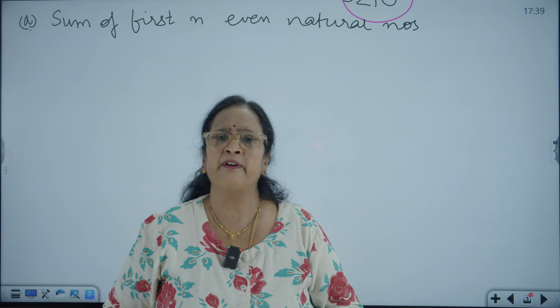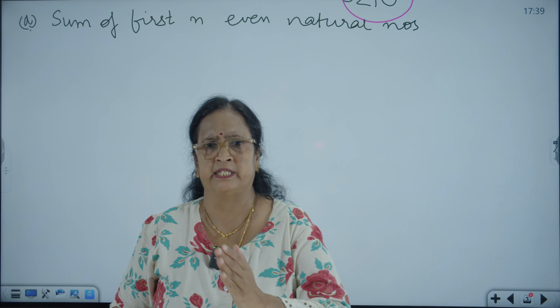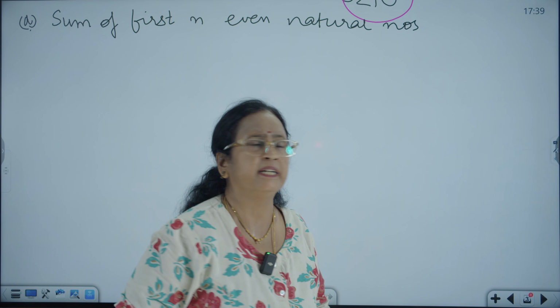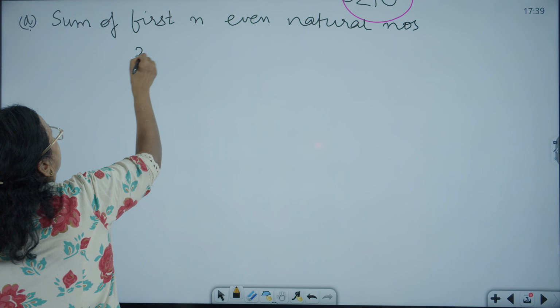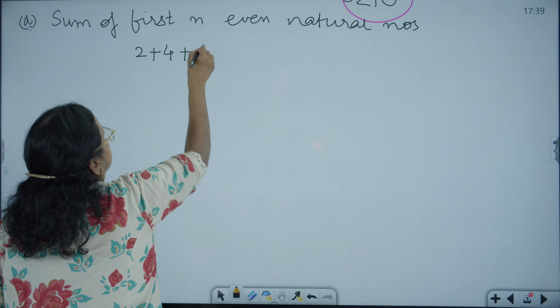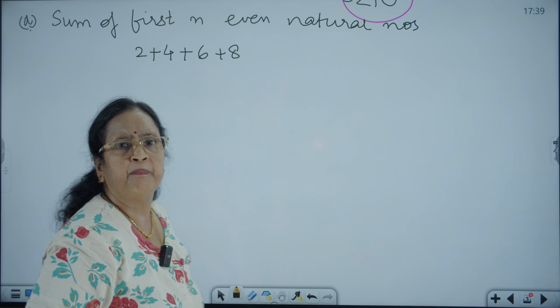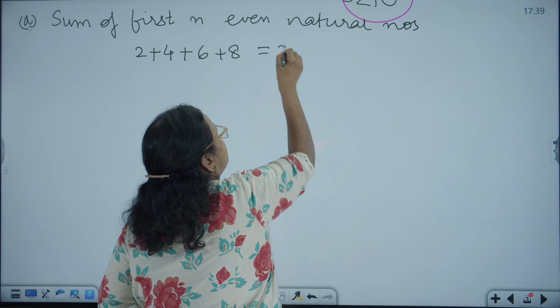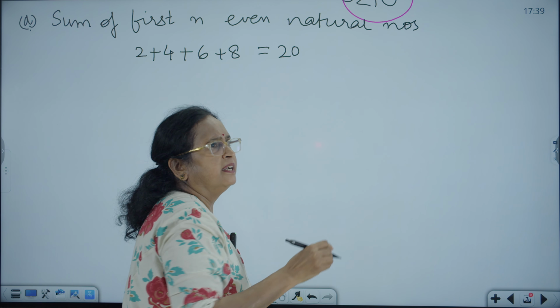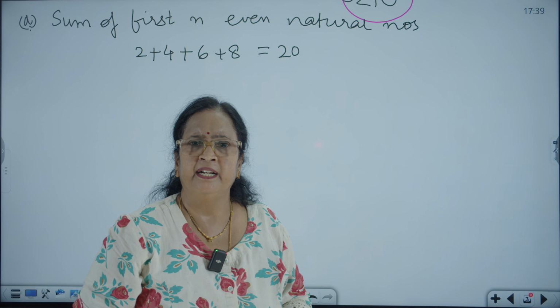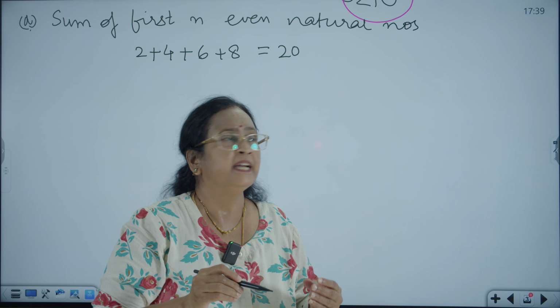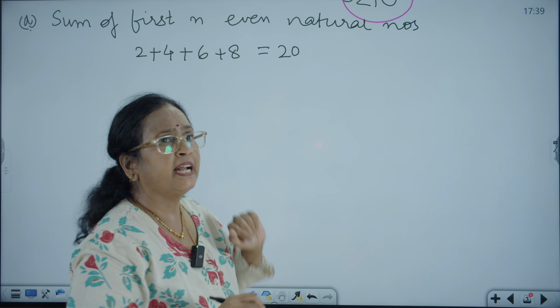So, suppose I take 4 numbers 2, 4, 6, 8. I can easily add, isn't it? 2 plus 4 plus 6 plus 8. 6 plus 6, 12, 12 plus 8, I got 20. Easily done. Now these are n even natural numbers.